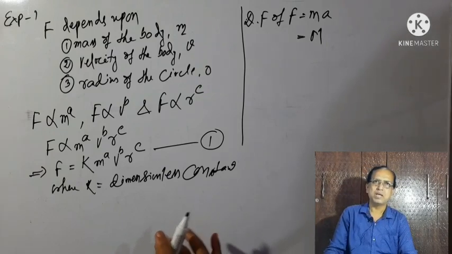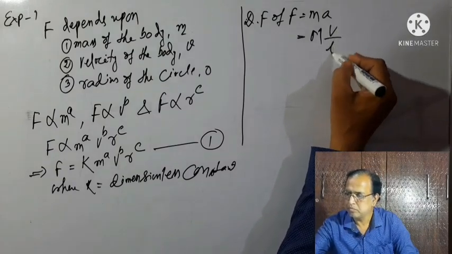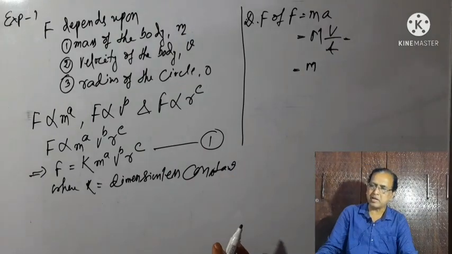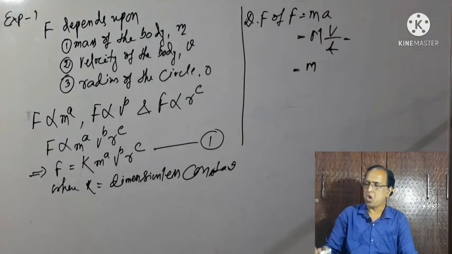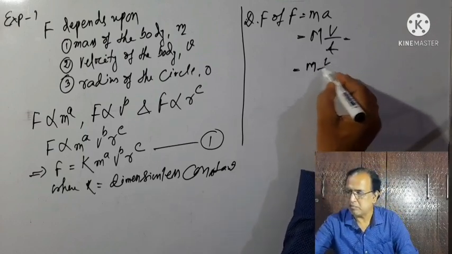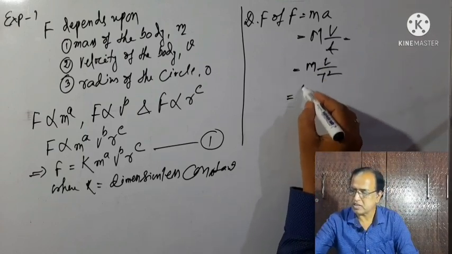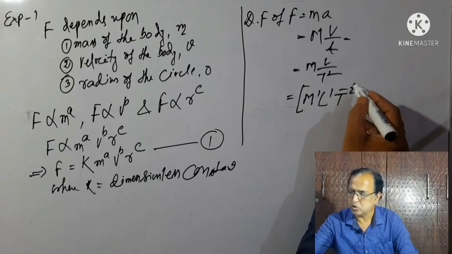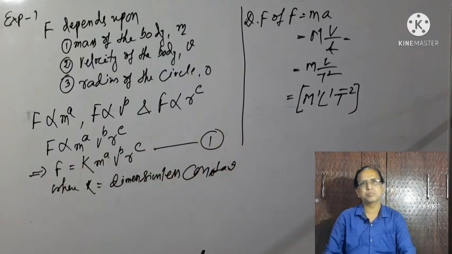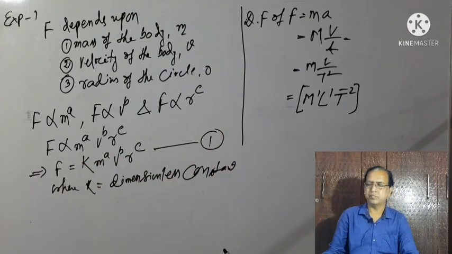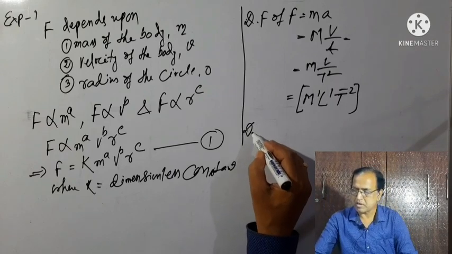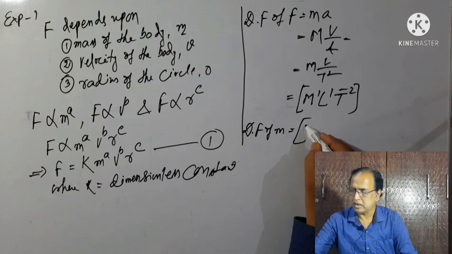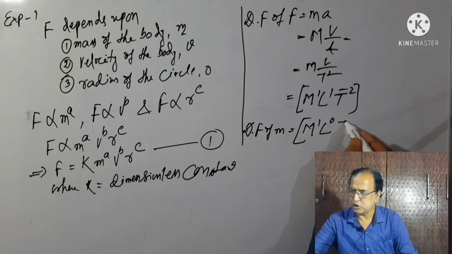Velocity by time. Velocity is displacement by time, that is L by t, so acceleration is L by t square. So the dimension formula of force is M1 L1 T minus 2. Now, the dimension formula of mass m is simply M1 L0 T0.